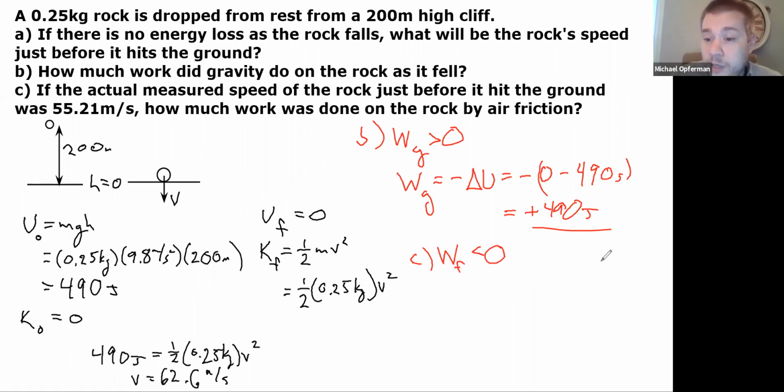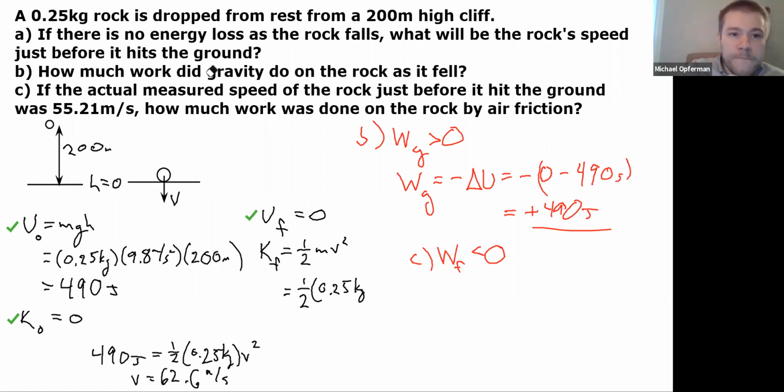Now, how are we actually going to calculate it? The way I would do it would be this. Let me go back to the left here of my original setup for this question and modify some things. The initial potential energy is fine. There's no change there. The initial kinetic energy is also fine. There's no change there. The final potential energy, that's also fine. There's no change there. But the final kinetic energy is now a little bit different because now we know what the final velocity actually is.